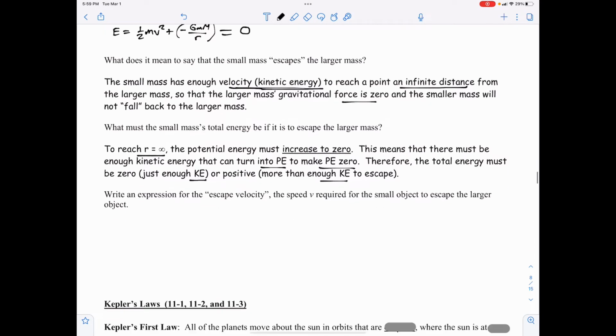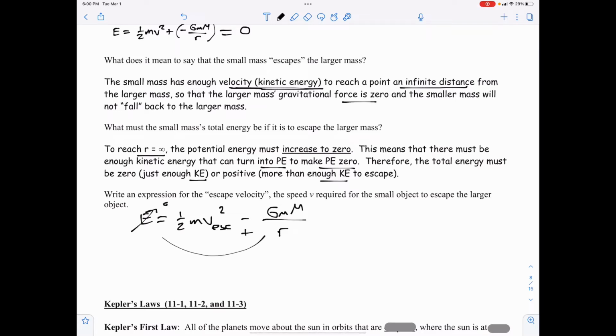Okay, and that's where we begin. We're going to write an expression for it. So 0, the total energy, is equal to 1/2 m v escape squared minus G little m big M over r. We're going to let that equal 0.